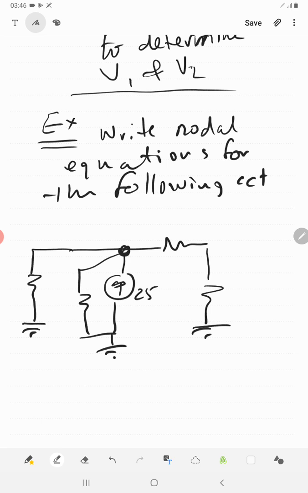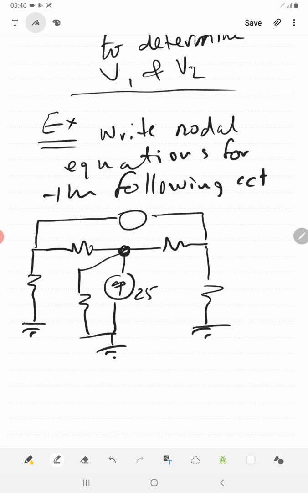Let's have also another resistance here. Let's assume that we have a resistance here also. Let's give them, and let's have a current source here.